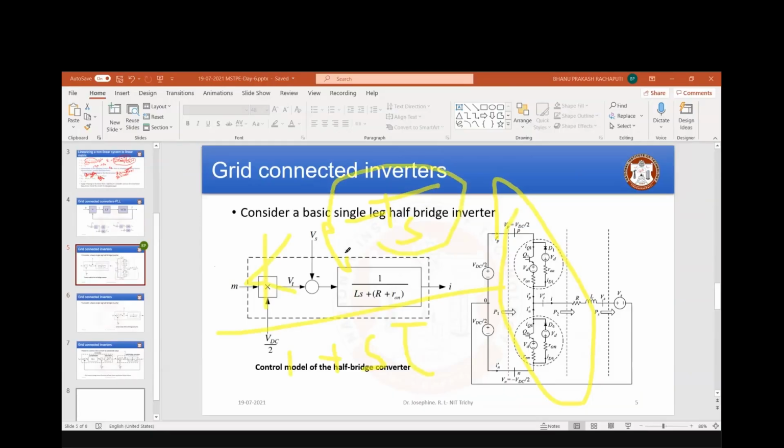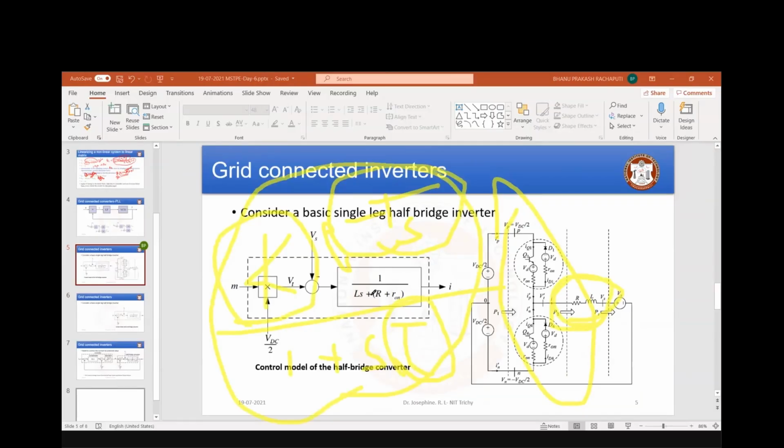This Ts is dependent on your switching frequency. This k magnitude is your VDC by 2, the per unit value. This tau is again taken as a constant.